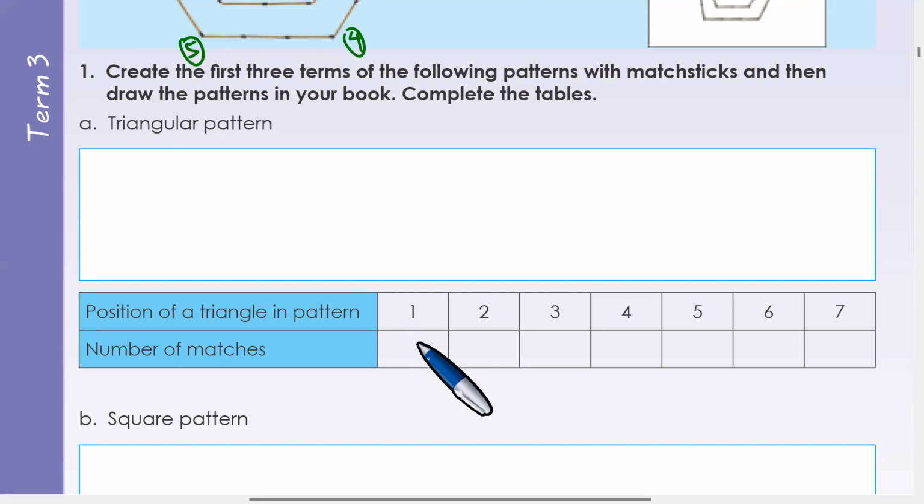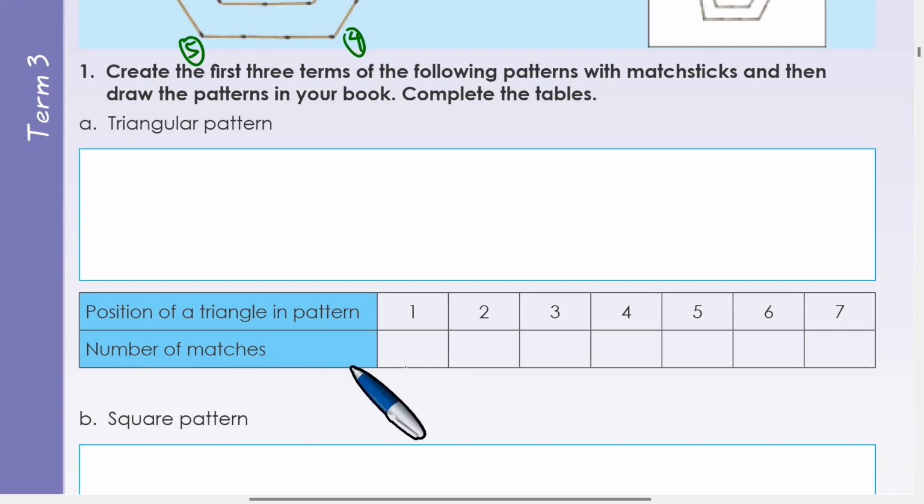So what is the position of a term in a pattern? Position 1. What is the number of matches in position 1? Because now we're looking at the position of a triangle in the pattern. Look at the triangular pattern.